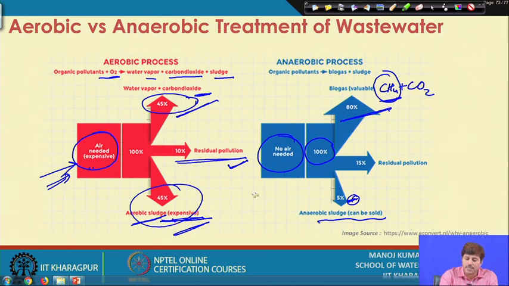Here, no energy supply is needed, but we are producing energy, and the biomass or solid waste produced is very low, though there is a higher degree of residual pollution.